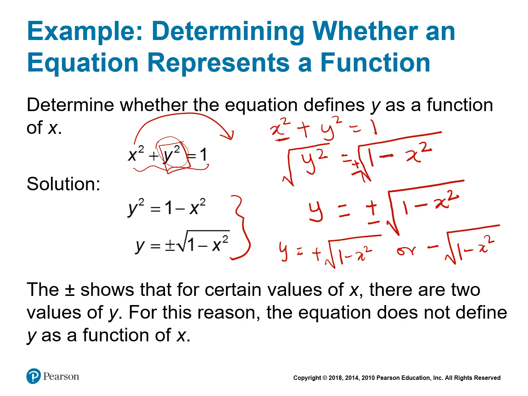So it can take two values, and that's where it violates the property of a function. A single x value cannot produce two different y values. The plus minus shows that for certain values of x, there are two values of y. For this reason, the equation does not define y as a function of x.